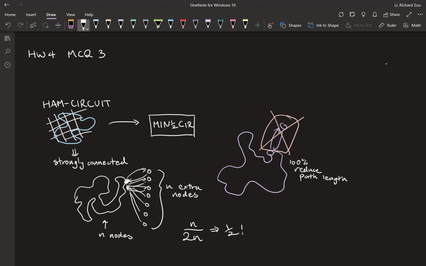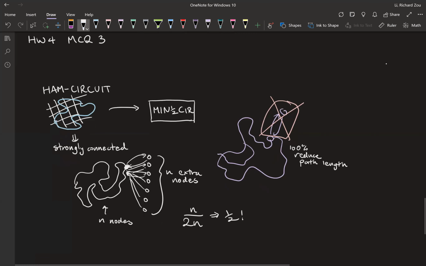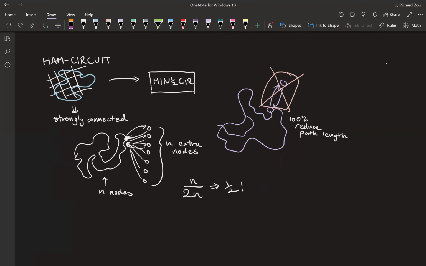No, this doesn't actually work then, because it's possible that we might need to take a longer circuit within here to visit a different node. Let's use a slightly different formulation then. Instead of connecting all of these to one node like this, we're going to connect them in kind of a cycle like that.